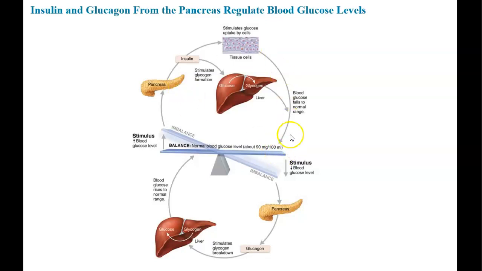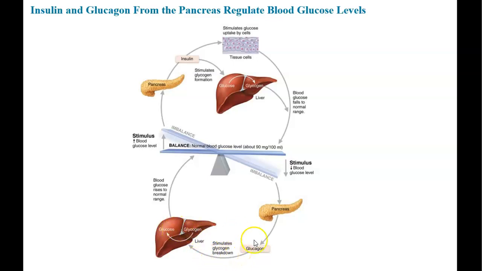If you go over a period of time without eating, or a long time without eating, then the blood sugar levels go down. That's going to cause the pancreas to secrete glucagon. So that's the other hormone. Okay? Glucagon does the opposite of insulin. Glucagon is going to stimulate the glycogen breakdown.